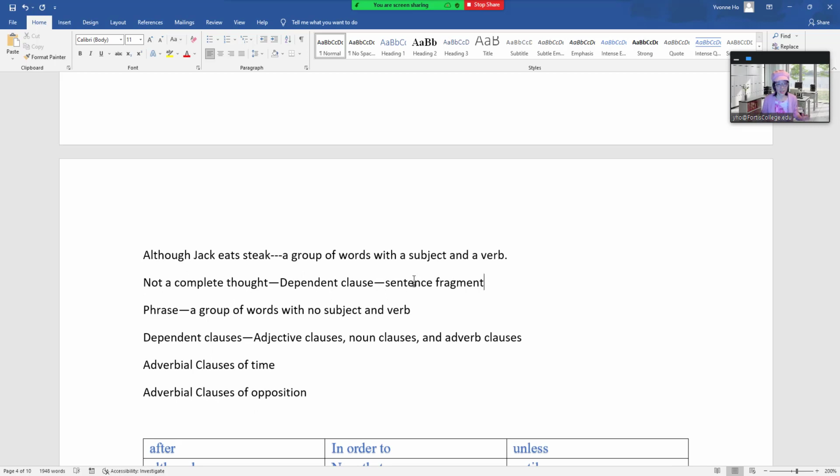Now a phrase is a group of words with no subject and verb, like a prepositional phrase.